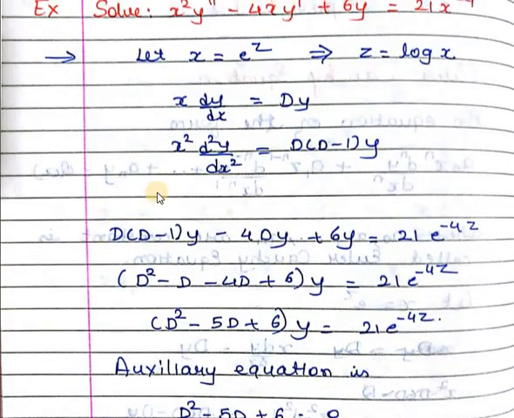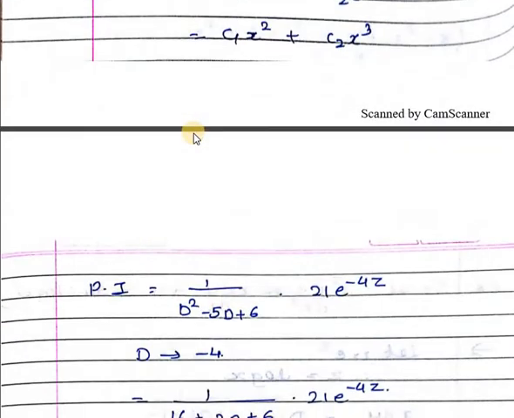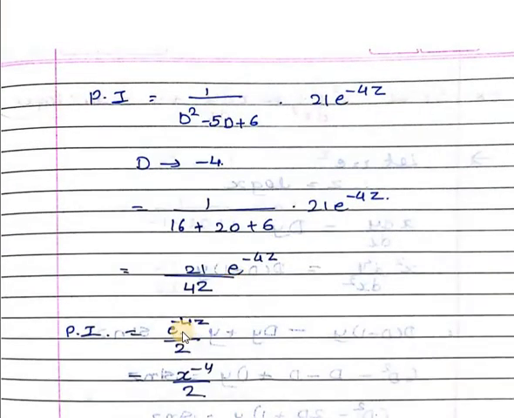So again replacing e raised to z by x, this will be x raised to minus 4 divided by 2, because e raised to minus 4z can be written as e raised to z whole raised to minus 4. So it will be x raised to minus 4 divided by 2.